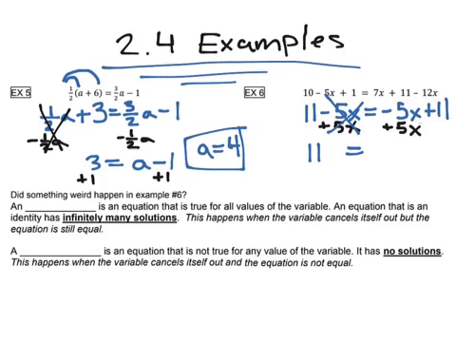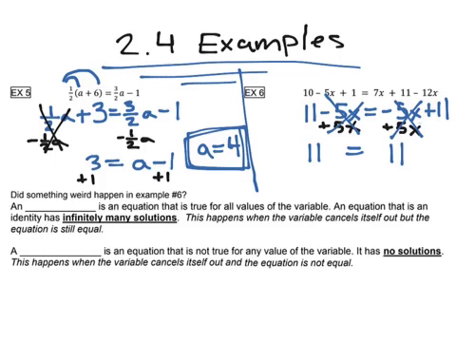And hopefully you're starting to see that this is a little bit strange of a problem. Negative 5x plus 5x is 0. So we just have an 11 on that side. So instead of getting a letter equal to a number like we did in the last problem, we're getting a number equals a number.